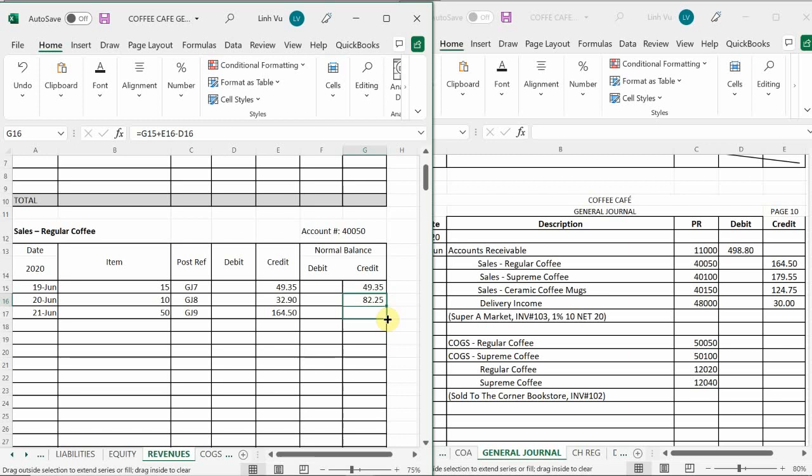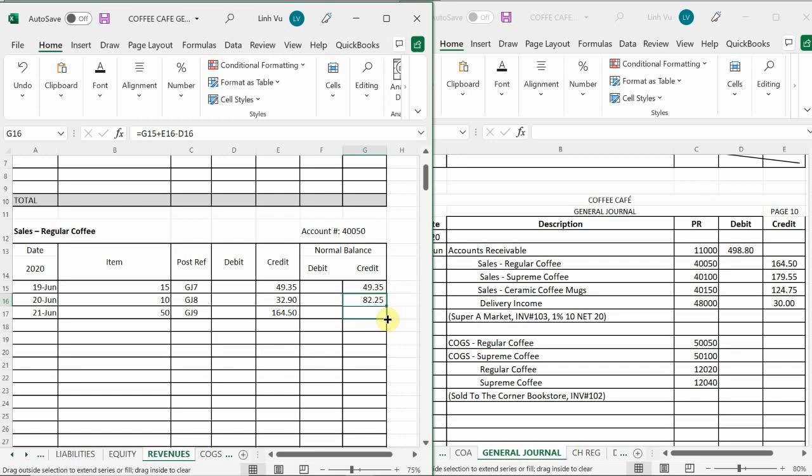The 49.35 is already calculated, right? That's what we started out with. Then we sold $32.90. We added those two numbers together to get a total of $82.25. So now I need to take my 82.25 and add 164.50.